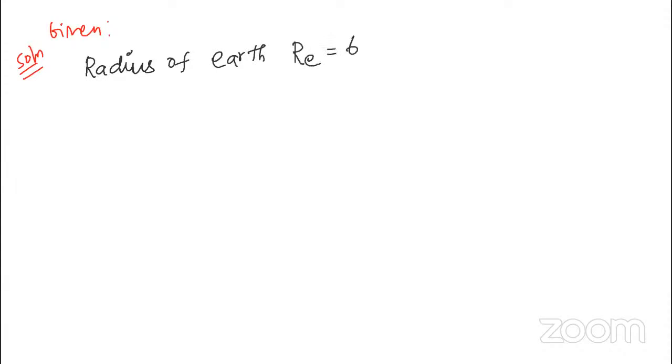First, you have to write the given data. Radius of Earth, RE, is equal to 6,400 kilometer, and radius of Mars, RM, is equal to 3,200 kilometers.